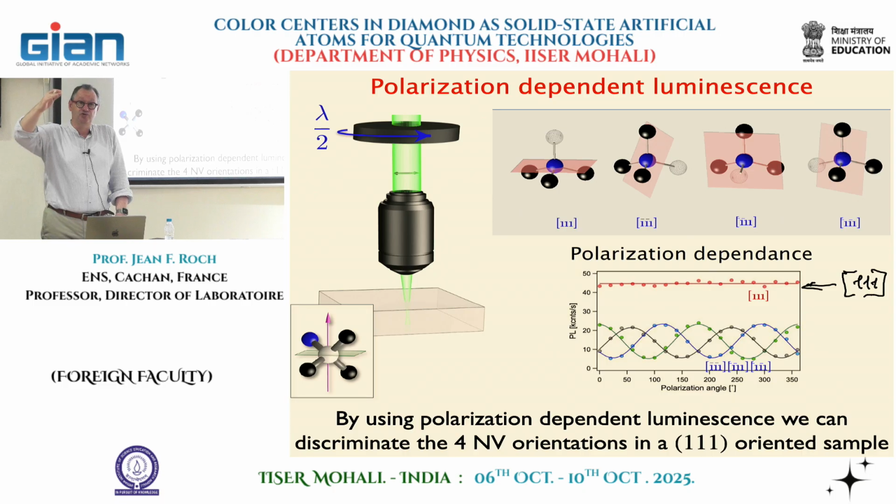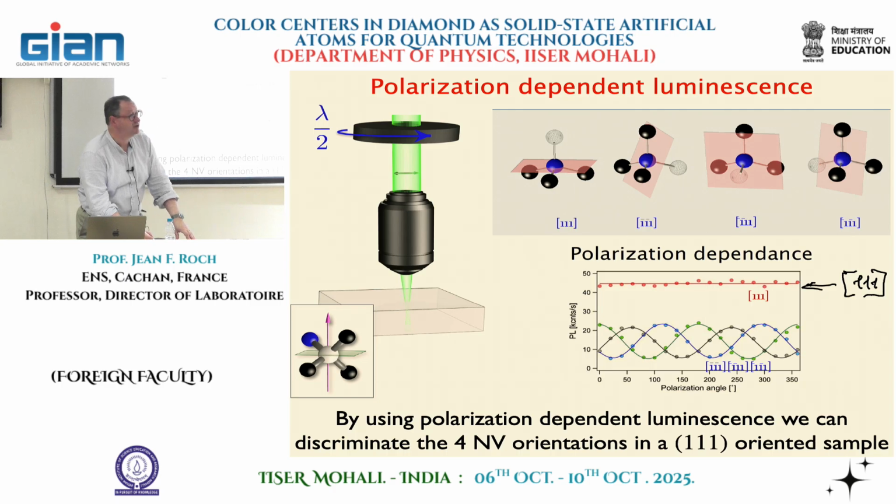Now, if I look at other centers, their dipole will make an angle around that, and you can easily imagine that when I turn the polarization, I will be along mostly one direction, and then go toward the other direction, et cetera. So I will have a modulation, and the modulation is shown here.